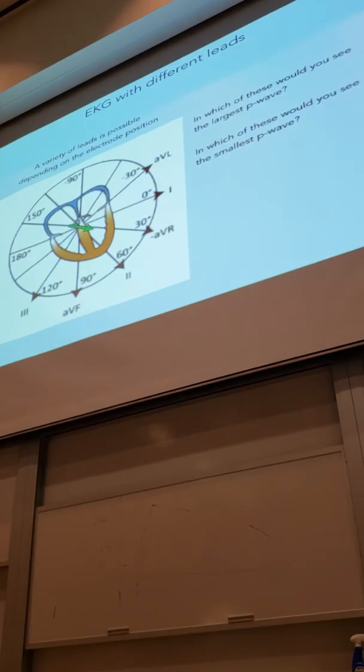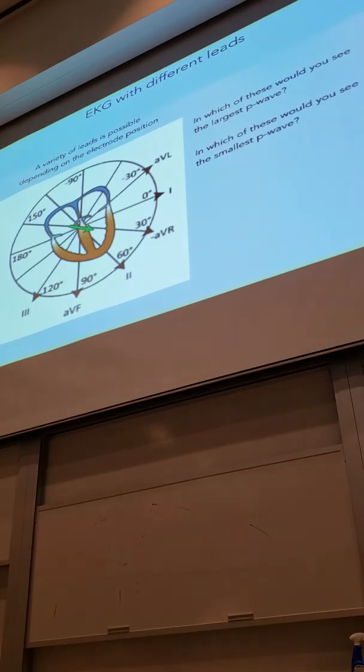Which one of these, so the green arrow represents the direction of our atrial depolarization vector. Which lead would you expect to see the biggest amplitude? The one that's at 30 degrees, right, negative AVR. Where would you not see it at all? Where would it be invisible? Which one? 3, yeah.